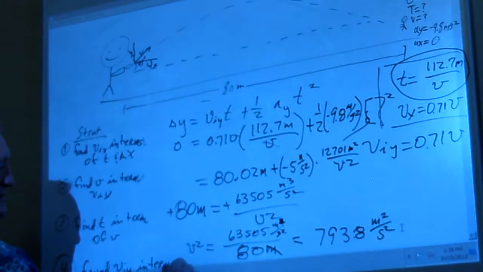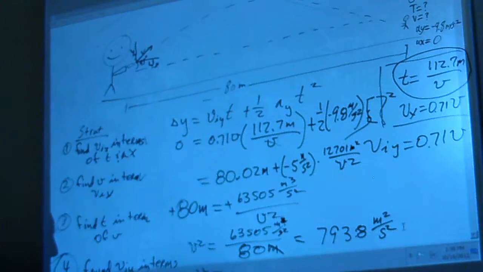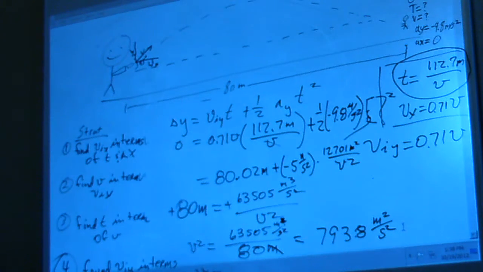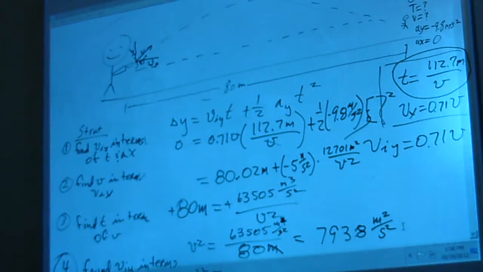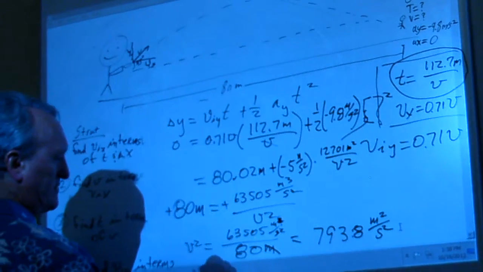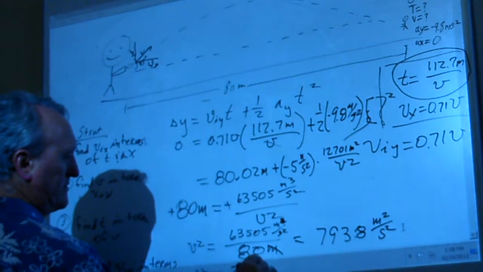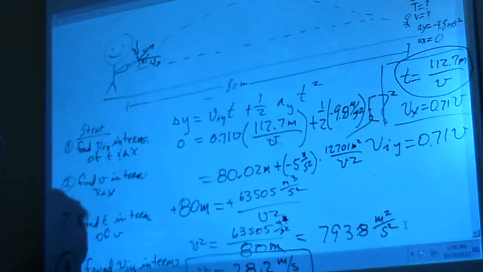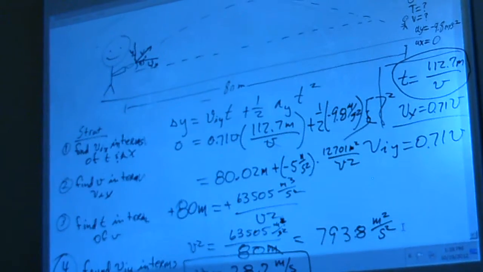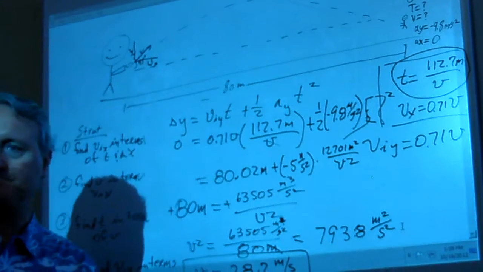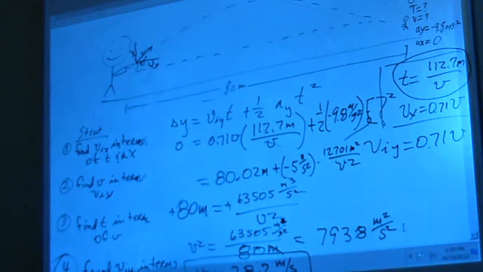So, what's V? You took the square root of it? 28.17.